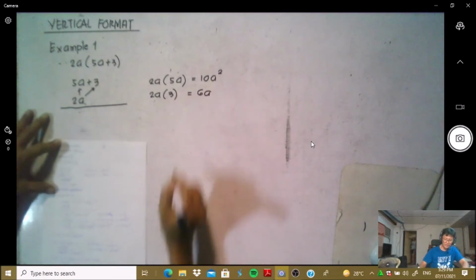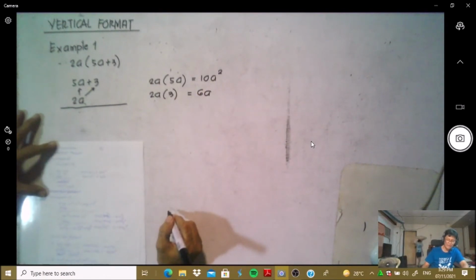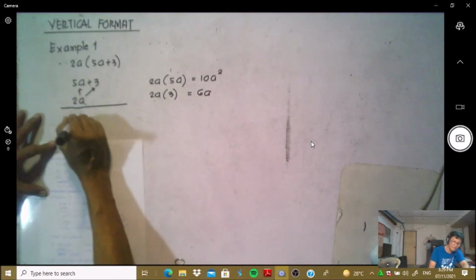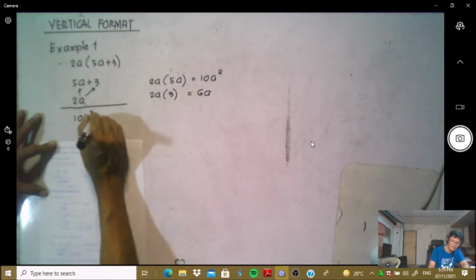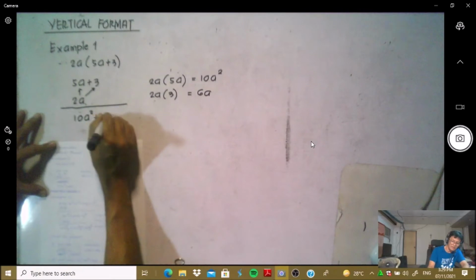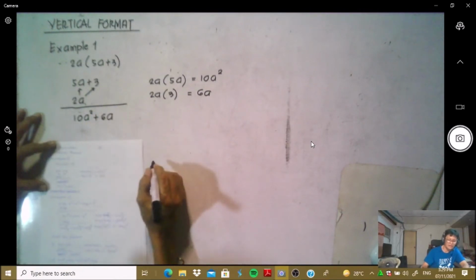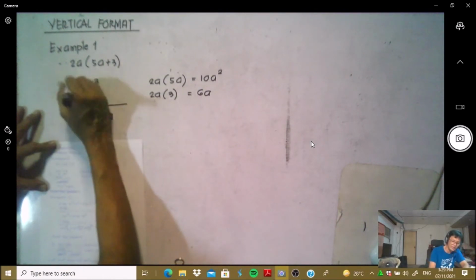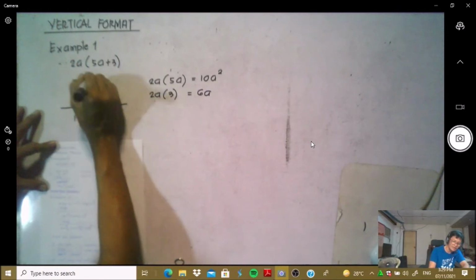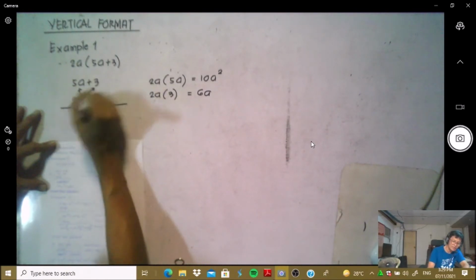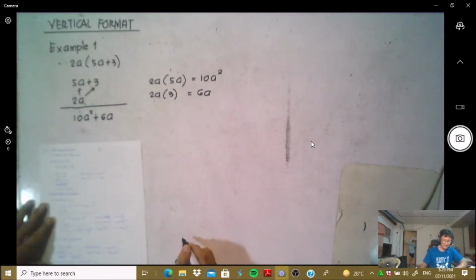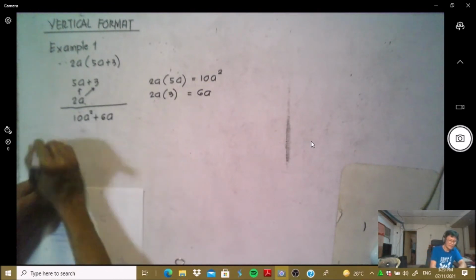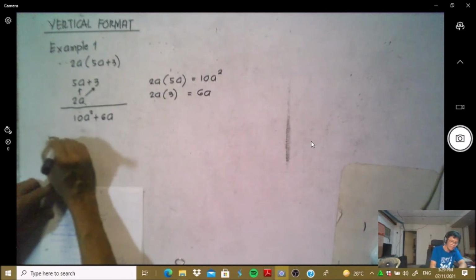And therefore, our answer will be 10a squared plus 6a. So actually, we can do that directly here. We have 2a multiplied by 5a is equal to 10a squared, then plus 2a multiplied by 3 is equal to 6a.